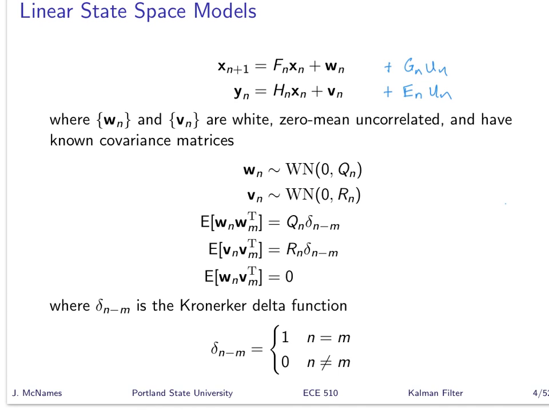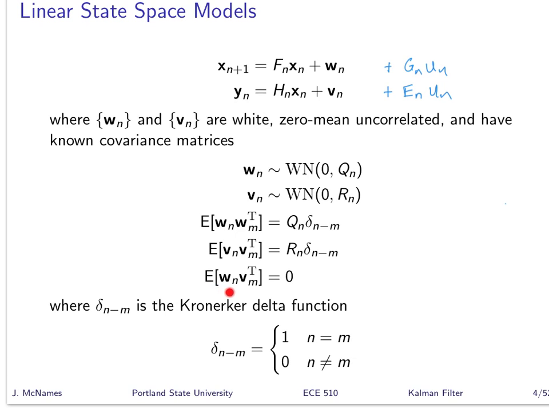It's kind of redundant with what I've got expressed here. But the covariance matrix between the process noise at time n and the process noise at time m is only non-zero when n is equal to m. Otherwise, it's 0. So this is the Kronecker delta function. This is basically just another way of saying it's uncorrelated.